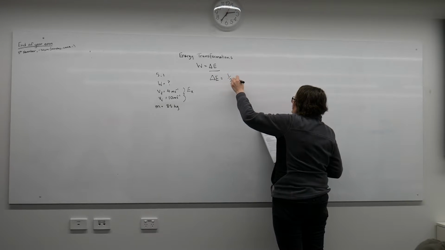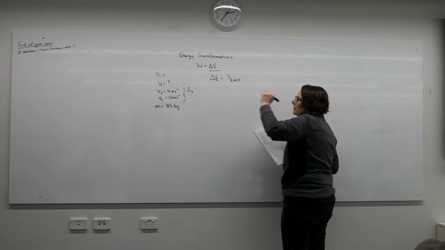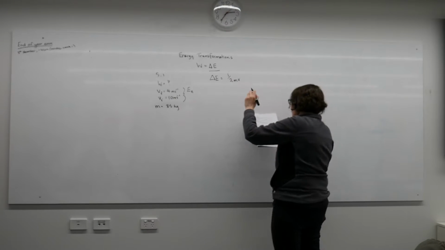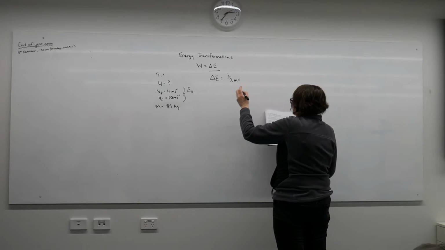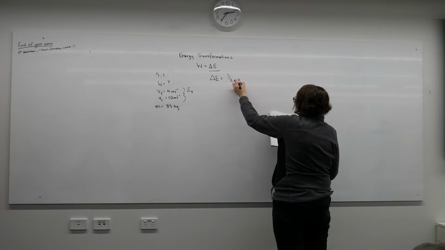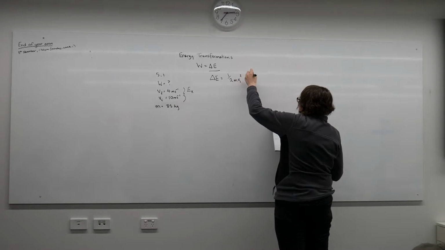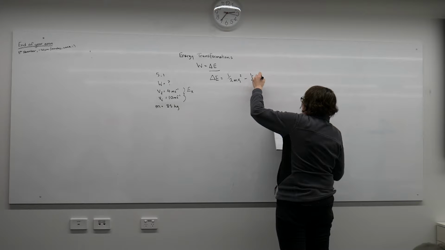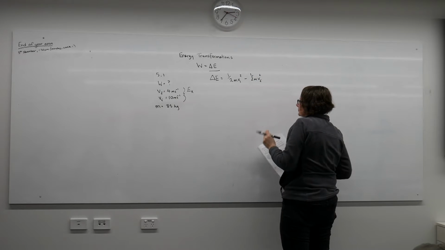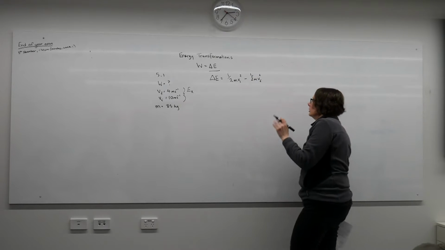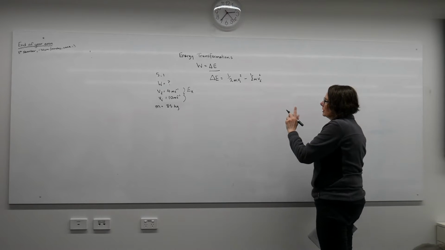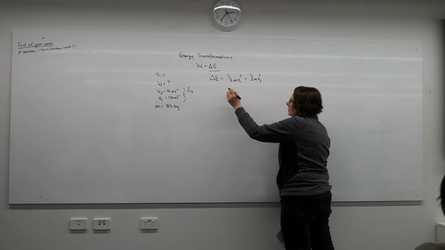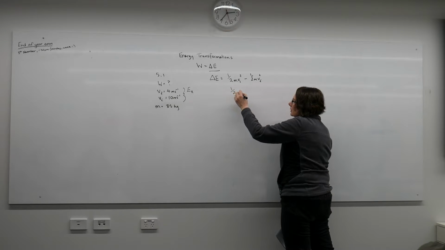So my change in energy will equal a half m v initial squared minus a half m v final squared. Now, you can't change this to, so this is wrong.